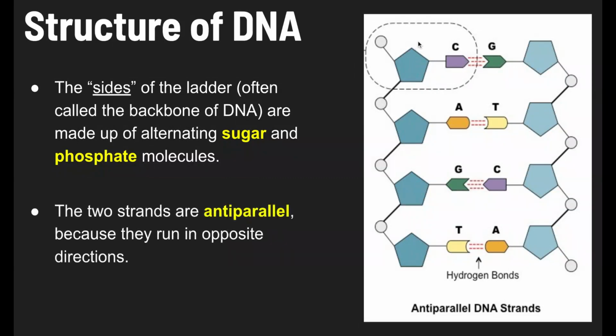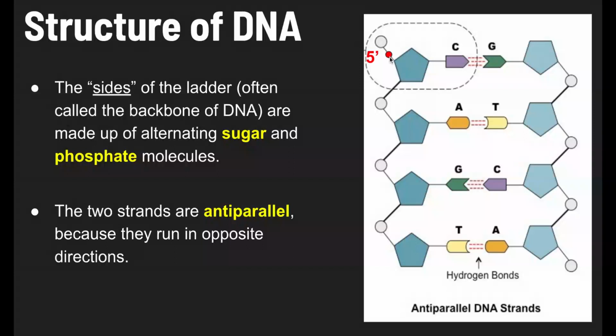And here on the left, I have a strand of nucleotides, and on the right, I have a strand of nucleotides. And these are anti-parallel because they run in opposite directions. So to explain this, we need to label those carbons again like we did on the first slide in this video.